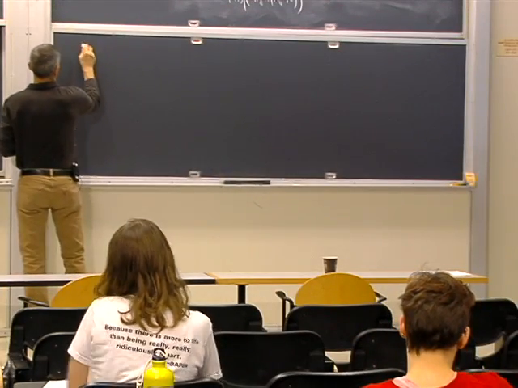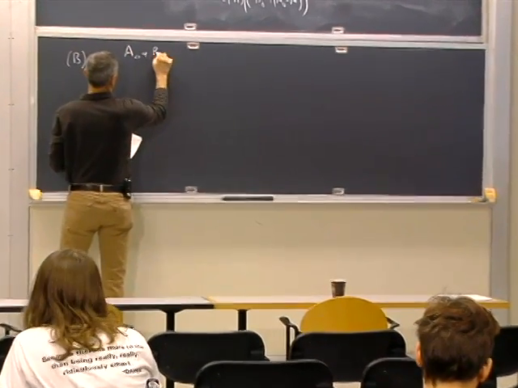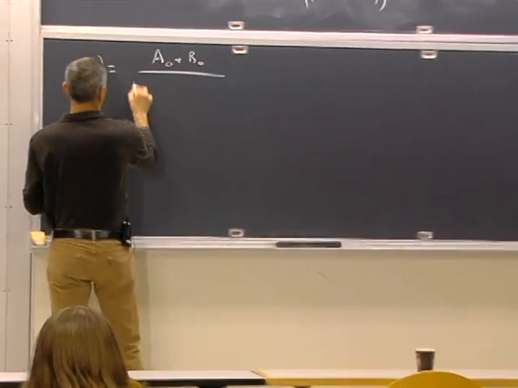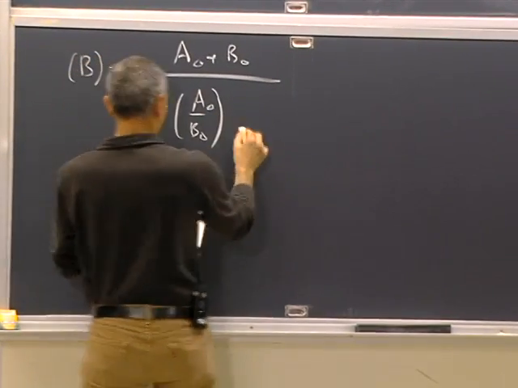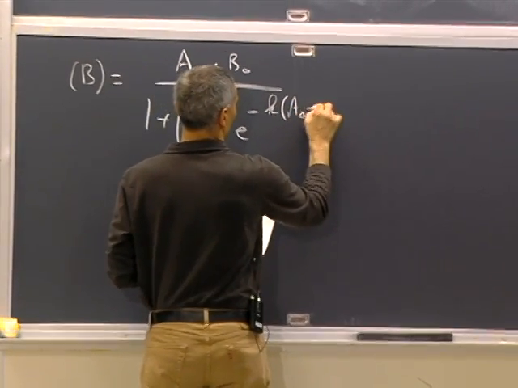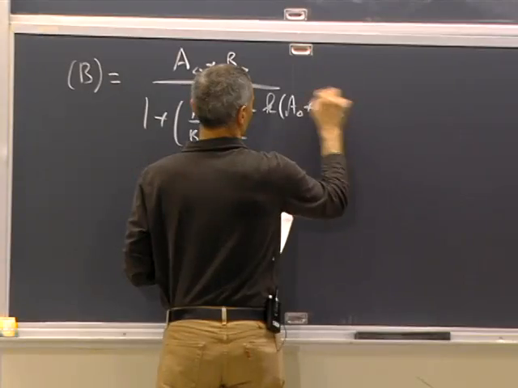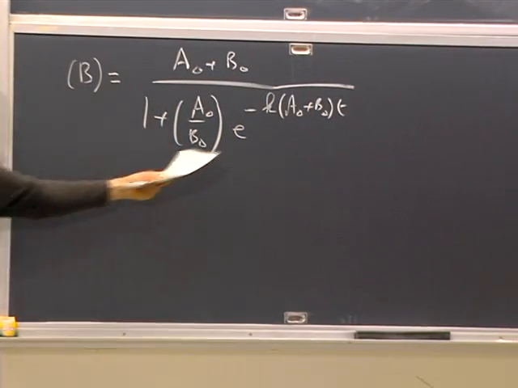You end up with B as a function of time is this function: A naught plus B naught over 1 plus A naught over B naught times e to the minus K times A naught plus B naught times time. Okay. And that's where the time component comes in.